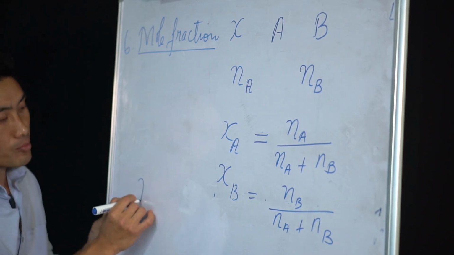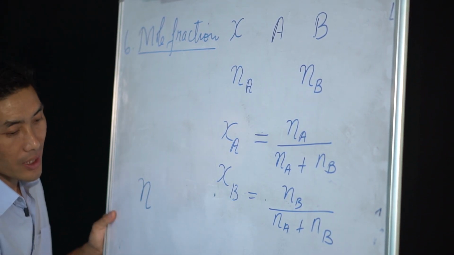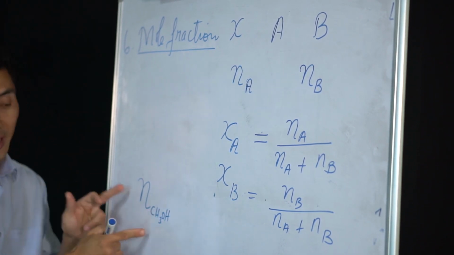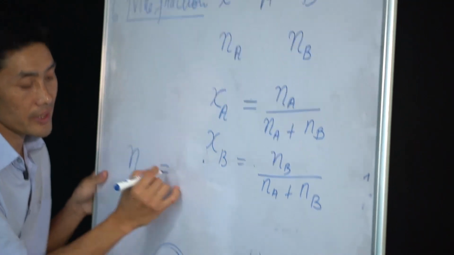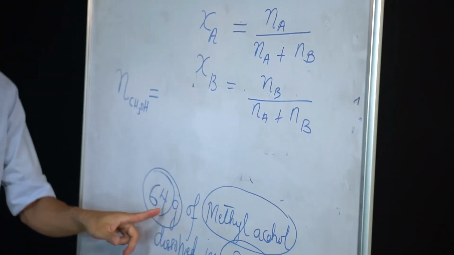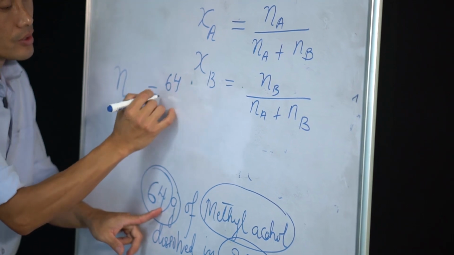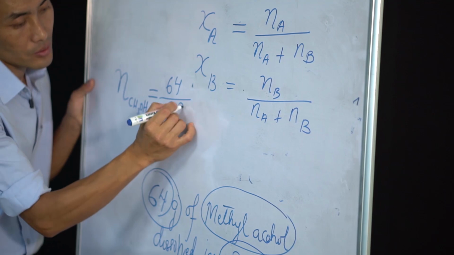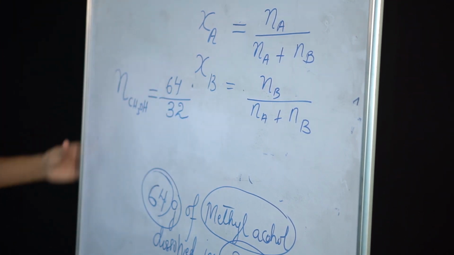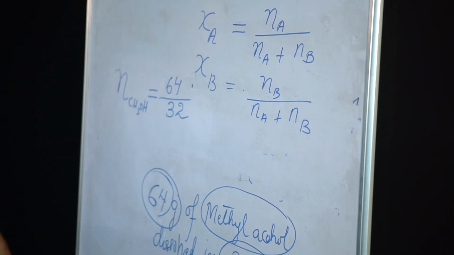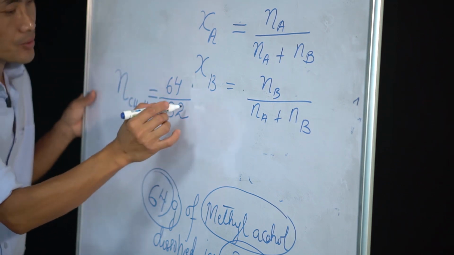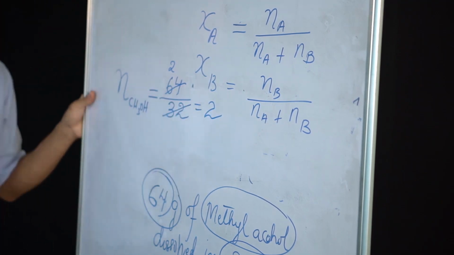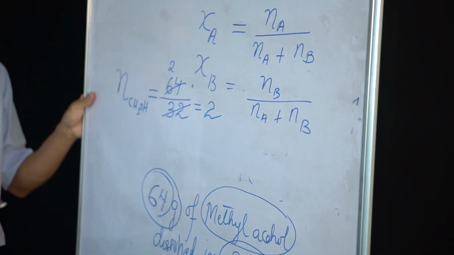So number of moles of methyl alcohol, let us write CH3OH, will be given by its mass in the solution, that is 64, divided by its molecular mass, which we calculated earlier, 32. So 64 divided by 32 gives us 2. Number of moles of methyl alcohol is 2.